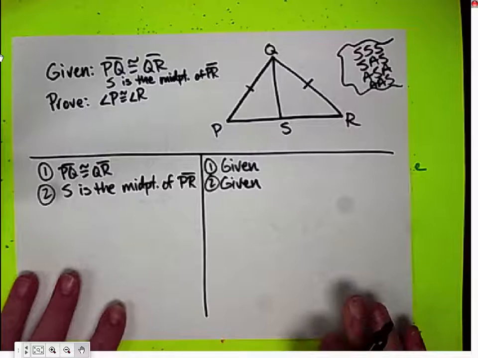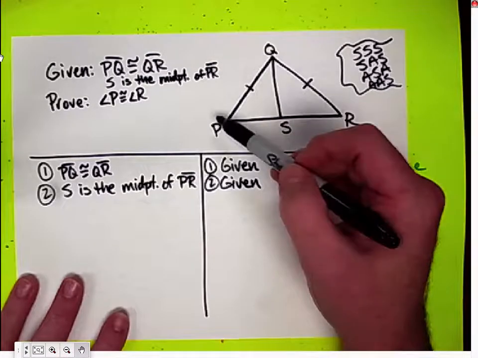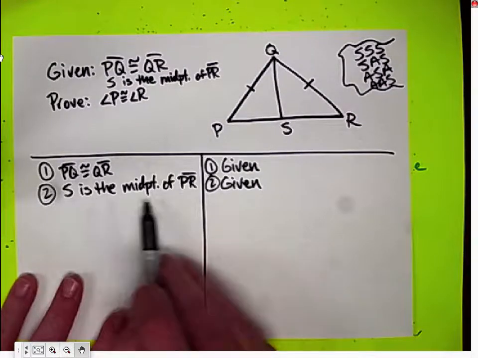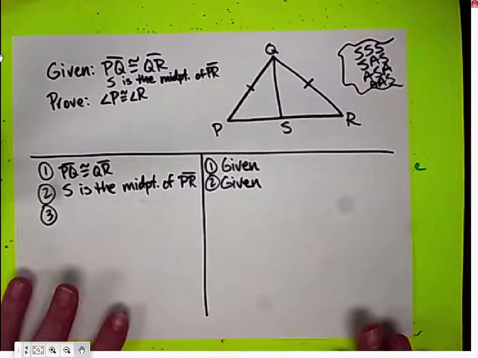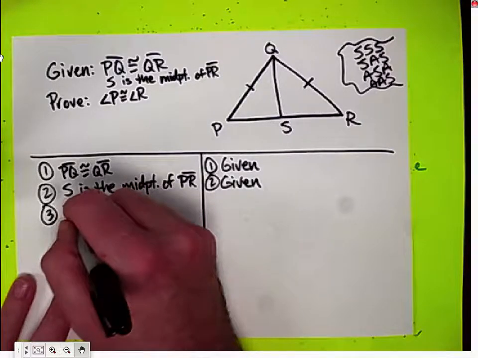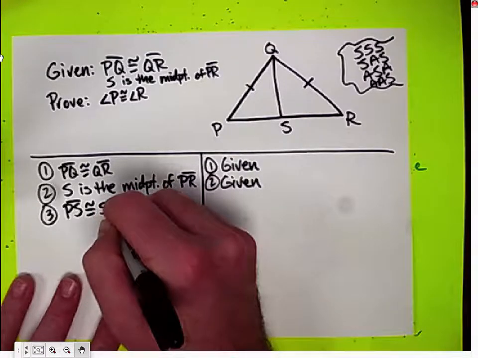We can't know anything from this yet. We just know one side is congruent to one side. What do we know since S is the midpoint of PR? Segment PS is congruent to segment SR.